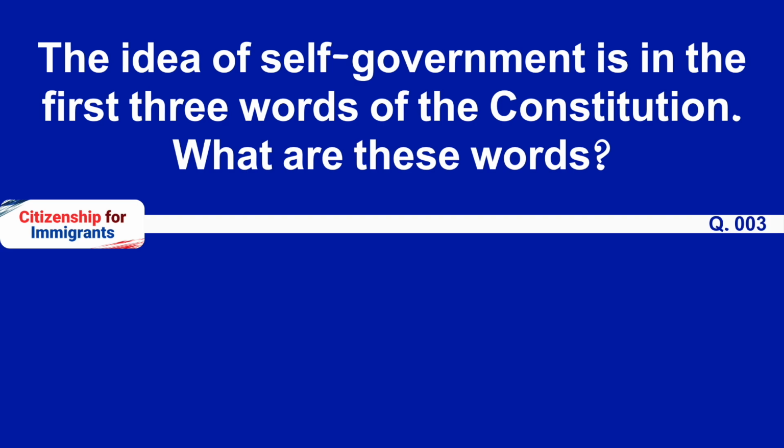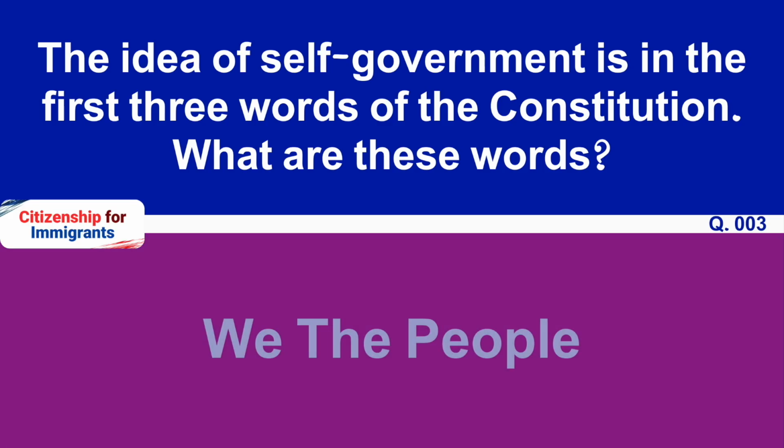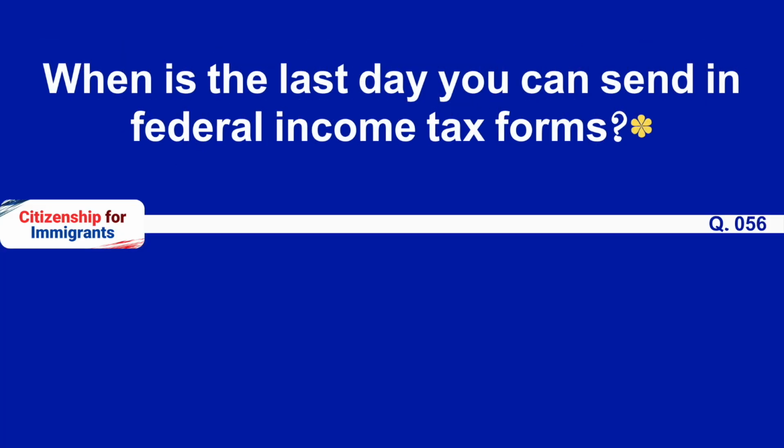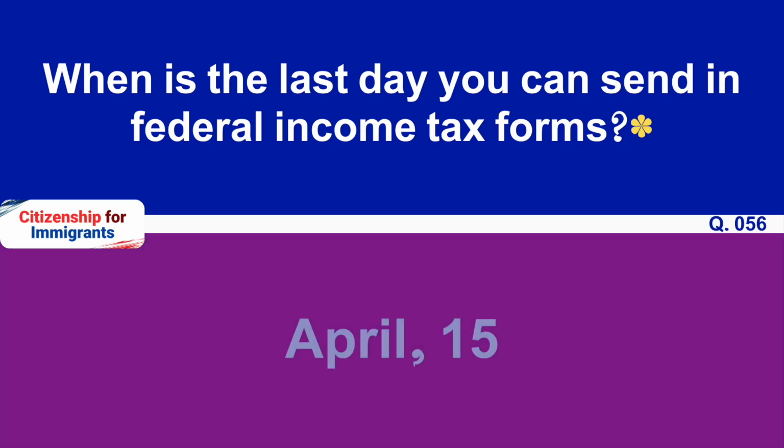The idea of self-government is in the first 3 words of the Constitution. What are these words? We the people. When is the last day you can send in federal income tax forms? April 15.